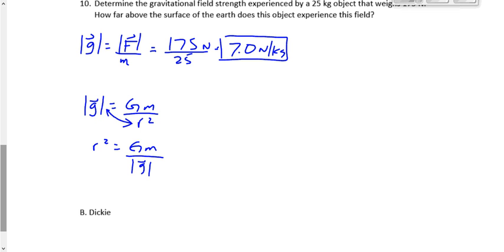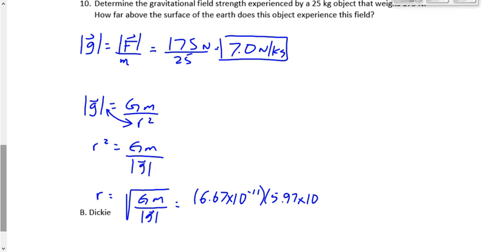We multiply by r squared, we divide by little g, and then r becomes equal to the square root of big G times M over little g. Big G is 6.67 times 10 to the negative 11. The mass of the Earth is 5.97 times 10 to the 24 kilograms, or you could have used 5.98.